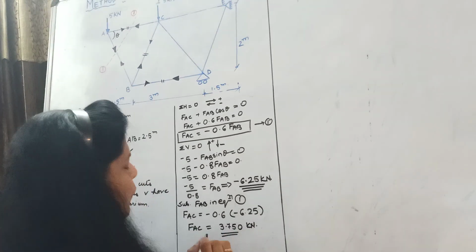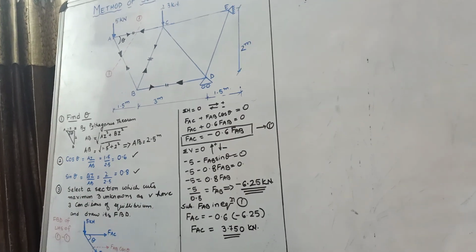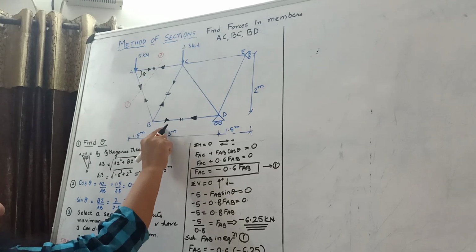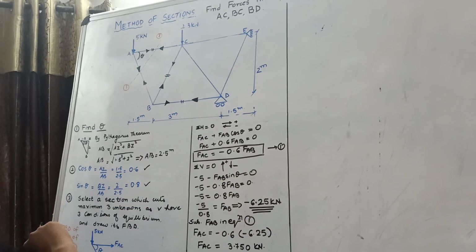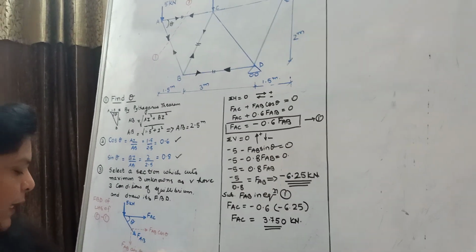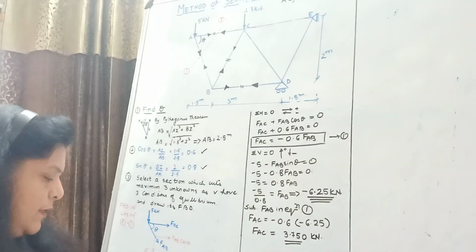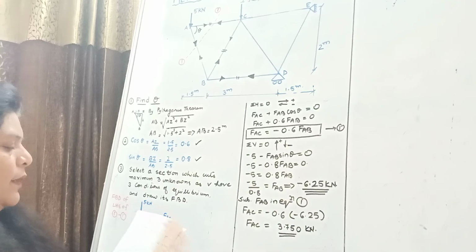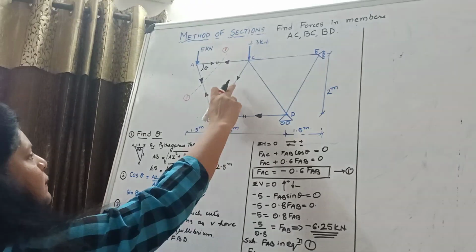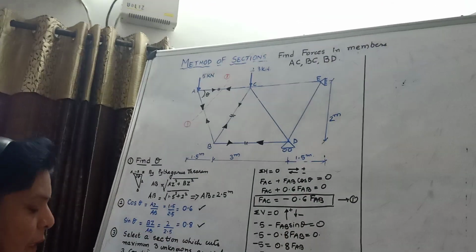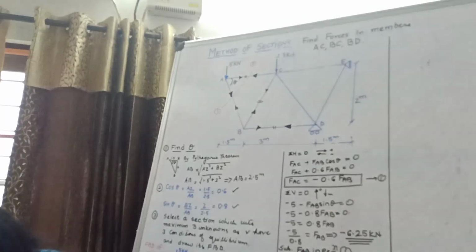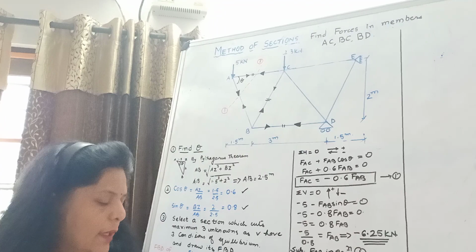Now what two members are left out? Member BC and member BD. So now I will select a section again. Which section will I select? I will select a section in such a way that my unknown members BC and BD are taken in the cut, so that I can get the forces.